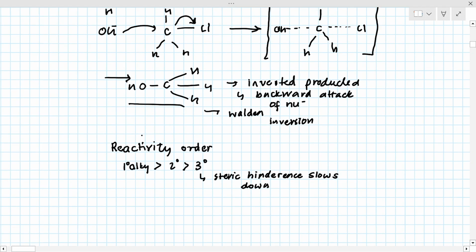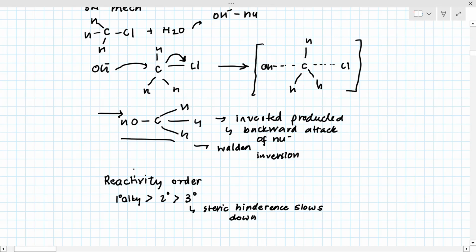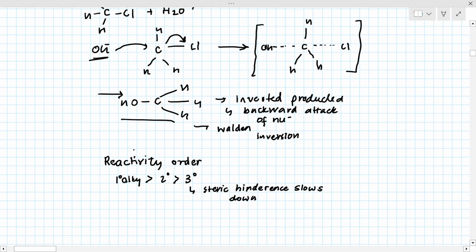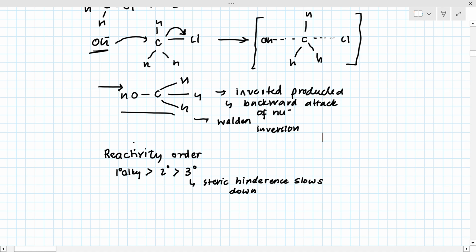See, when you are attacking, if I have bulky groups, the nucleophile cannot attack from the back. If I keep R groups, that is alkyl groups, all around, it becomes bulky. When the area is too crowded, just imagine it, how will you enter the crowd?